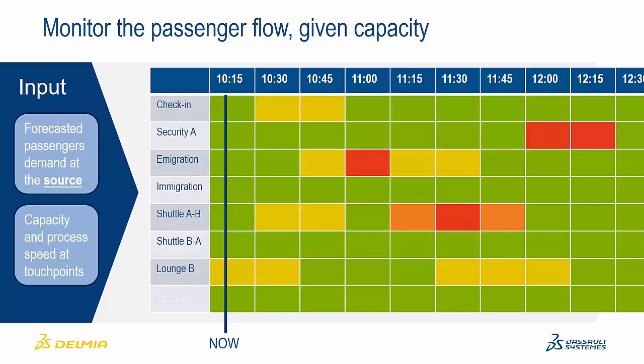If you notice that I put a line in there, which is the now line. This is an operational control view. So we are looking at the current time and up into the next maybe 24 hours or 10 hours, and we are updating the flow based on what's actually happening. When a flight is being delayed, we are updating the demand.